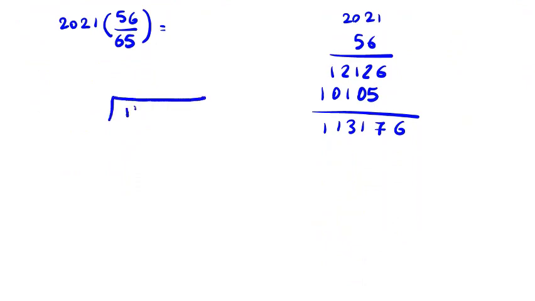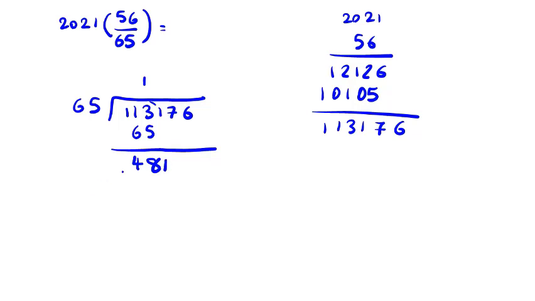So it will be 1131.76 over 65. So we say, okay, 1 times 65, 13, 8, here's 0, 10, 4, and now 481. We should have 7 here, and 5 minus 11, 6, 5 minus 7, 2.